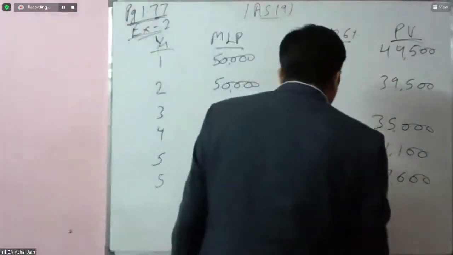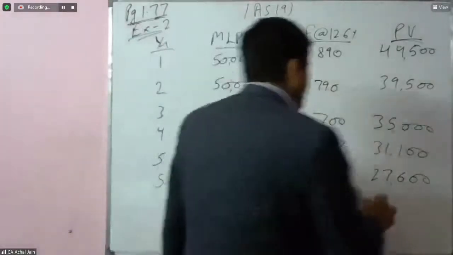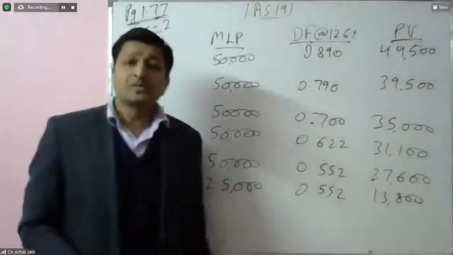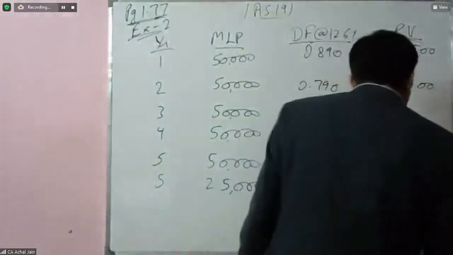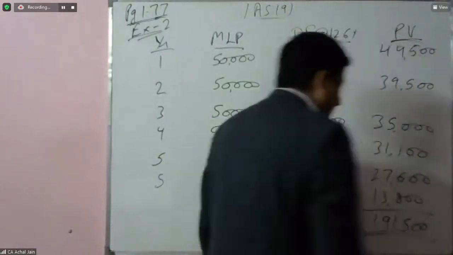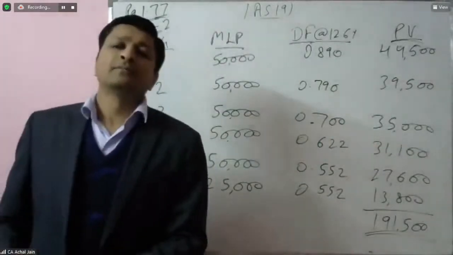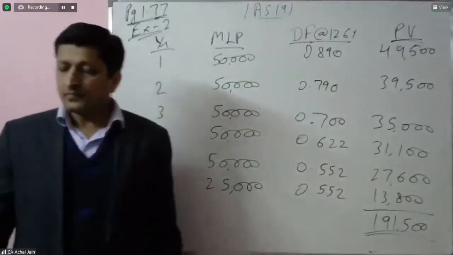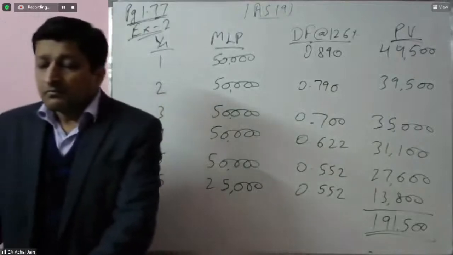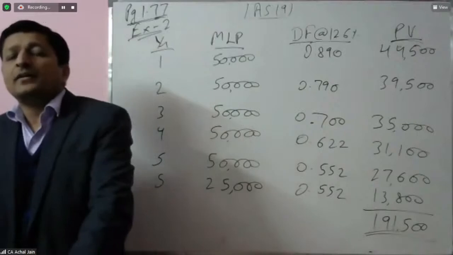So this will be 0.552 and this becomes 13,800. All in all, this becomes 1,91,500. Correct?